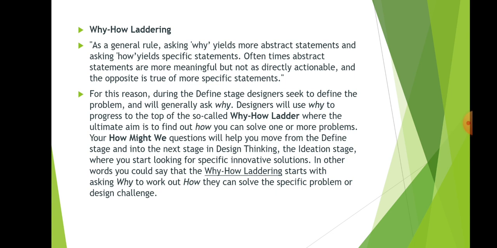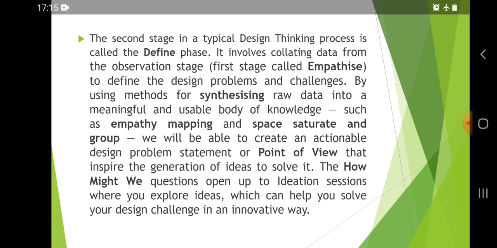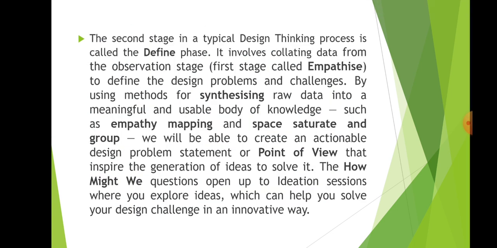The second stage in a typical design thinking process is called the define stage. It involves collating data from the observation stage, the first stage called empathize, to define the design problems and challenges.